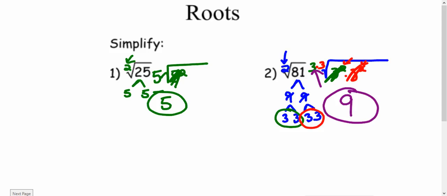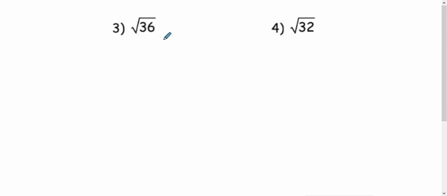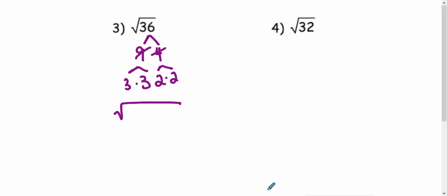Let's try one more example. 36. I like 9 times 4 for 36, although there are many ways you can do it. What I'm trying to do is get down to those prime factors. So 9 can break down to 3 times 3, and 4 can break down to 2 times 2. These are prime numbers. So now I want to put them back into a square root, and I'm looking for pairs or groups of what? Because what was my index?